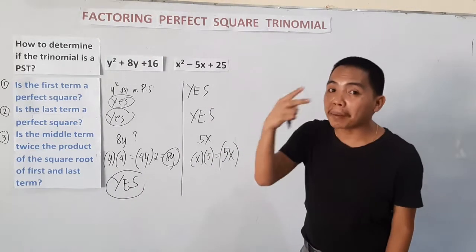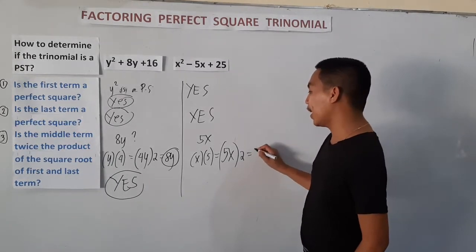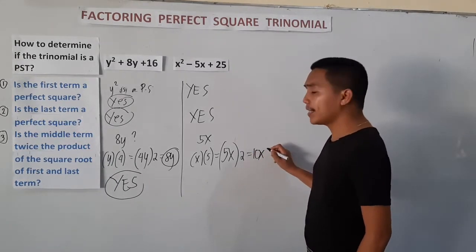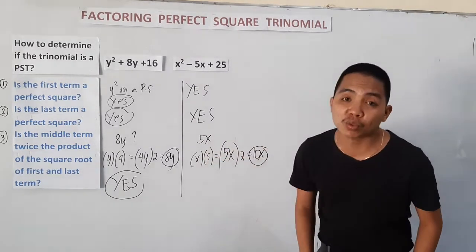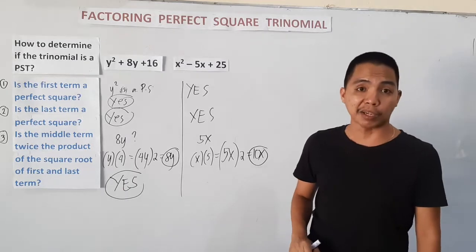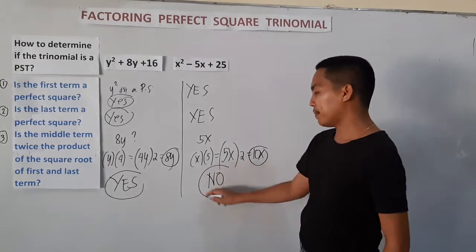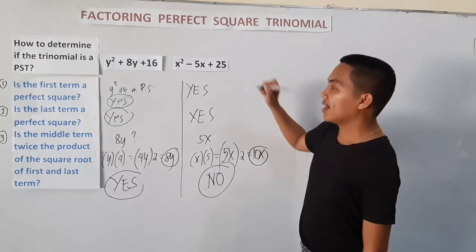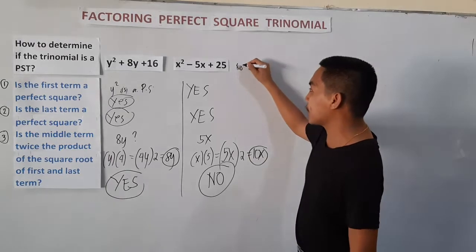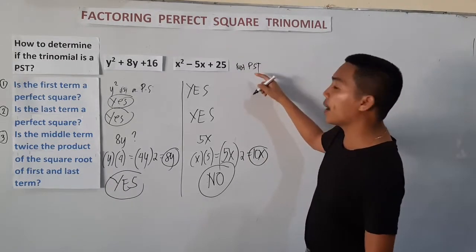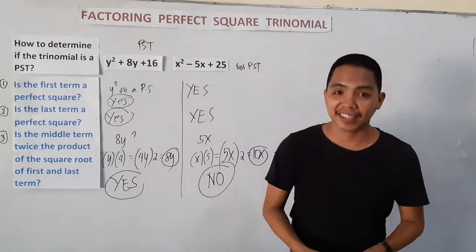Twice the product, so times 2. 5x times 2, ano answer? 10x. Is the middle term twice the product of the square roots of the first and the last term? Yes or no? No. Meaning, the second trinomial is not PST. This is not a perfect square trinomial, but the first one is a perfect square trinomial.